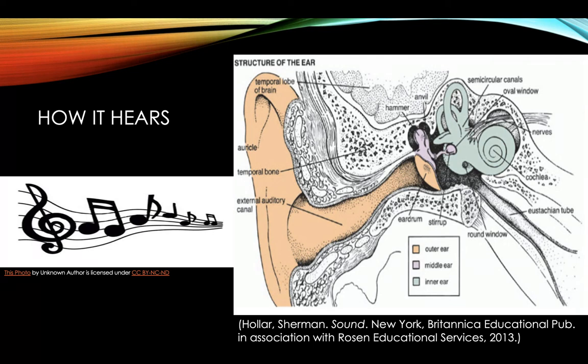Then the vibrations, when they hit the fluids and hair cells, would be converted into nerve impulses and reach the brainstem where they'd be processed so that you can hear sound. So that's basically how you hear sound.